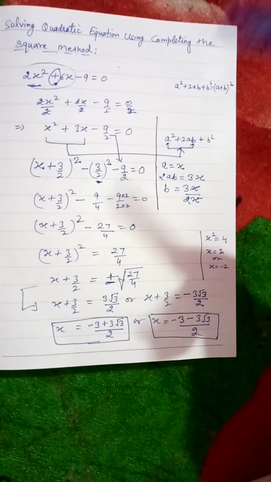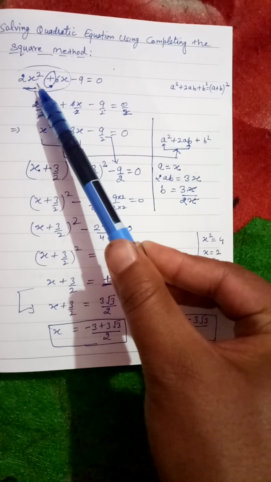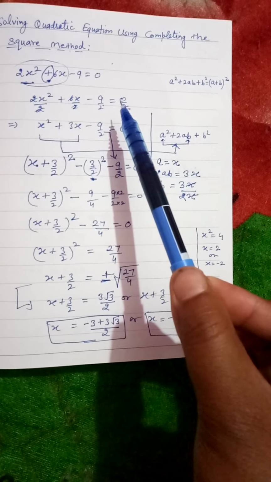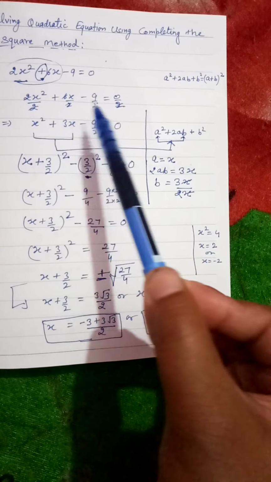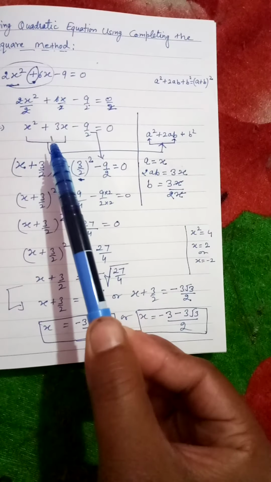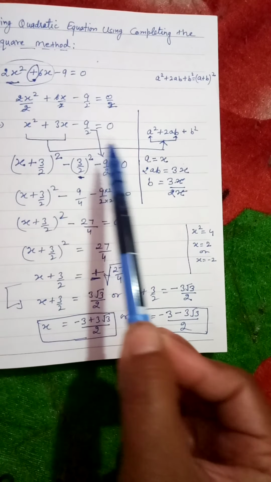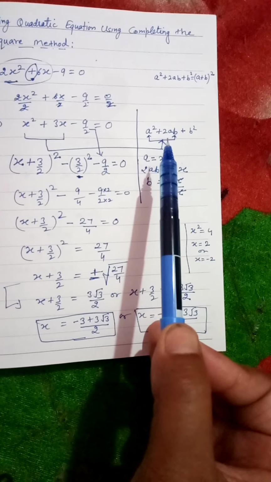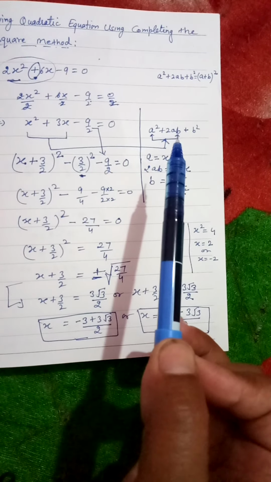So let's recap once again quickly what we did. First, we make the coefficient of x square unity by dividing the whole equation by the coefficient of x square. Then we identify which identity I have to use. If the middle term is positive, I have to use (a plus b) whole square. If it is negative, then I have to use (a minus b) whole square.